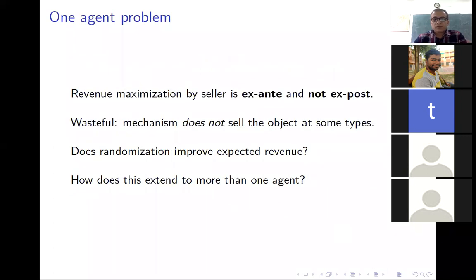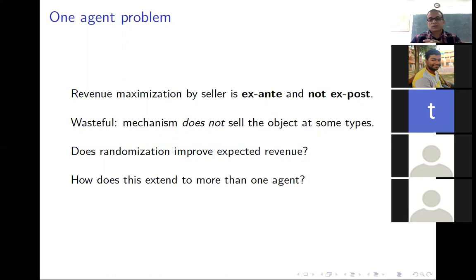An important point to note here is that revenue maximization by the seller is ex ante and not ex post. This is not a maximization where I'm trying to maximize the revenue of the seller after every type is realized. That's just not a well defined problem in the first place.